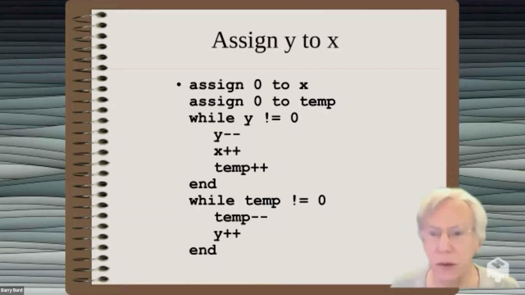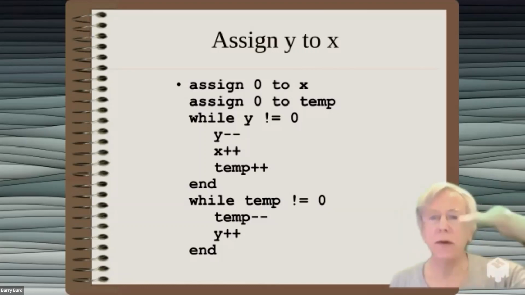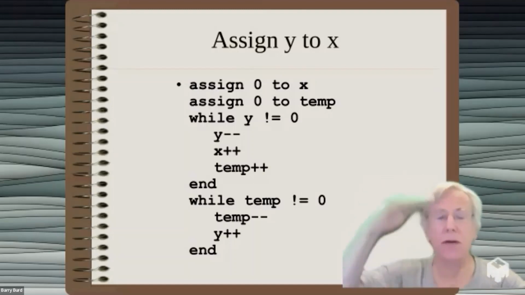The first loop takes y and makes it go downward until temp has the same value as y. And the second loop makes temp go back to 0 and y go back from 0 to its original value.